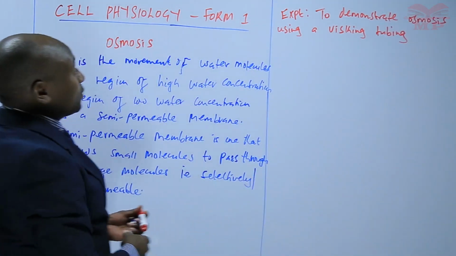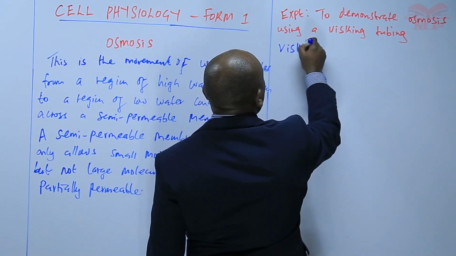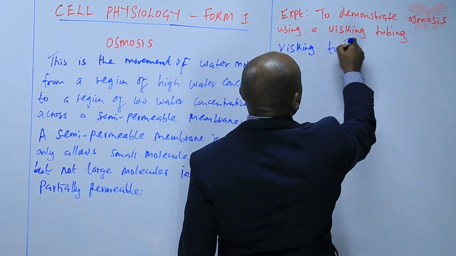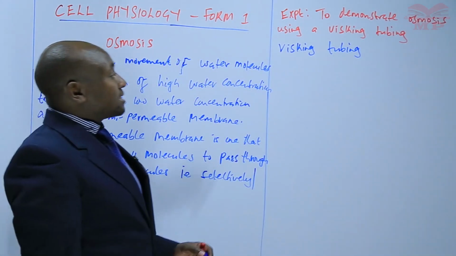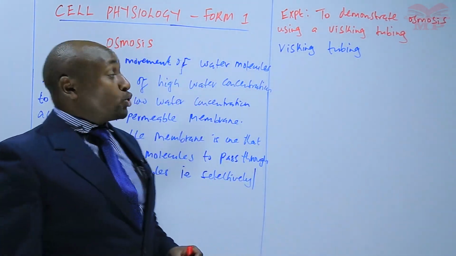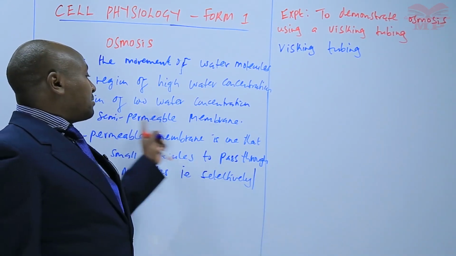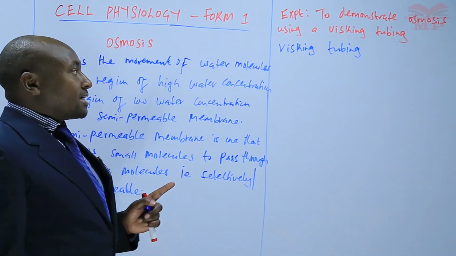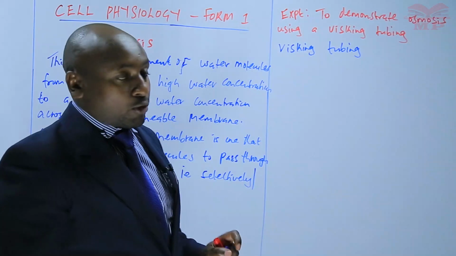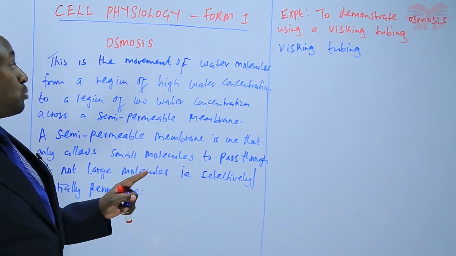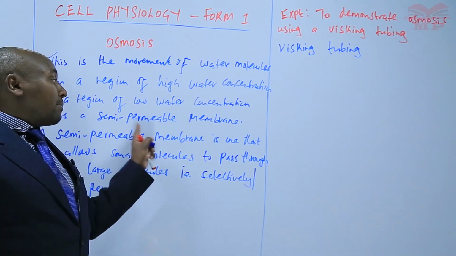And before we look at that experiment, it is important to understand what a whisking tubing is. A whisking tubing is a commercial synthetic tube that plays the role of a semi-permeable membrane. It is a tube that works the same way as the cell membrane of the cell. So the whisking tubing, just like the cell membrane of a cell, is semi-permeable.